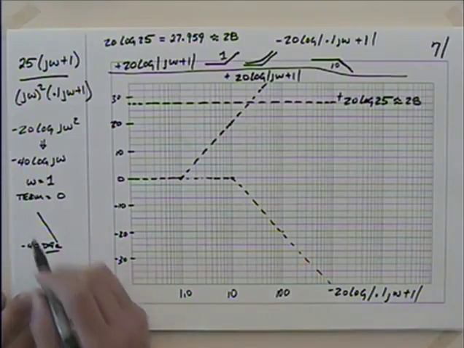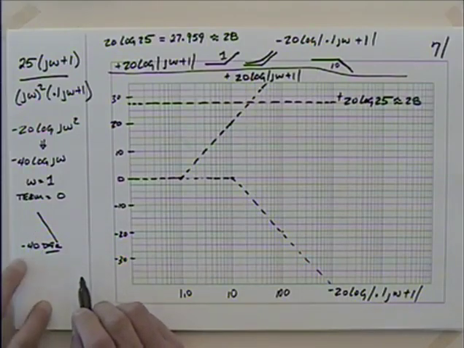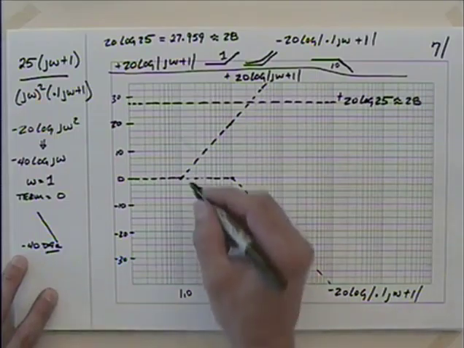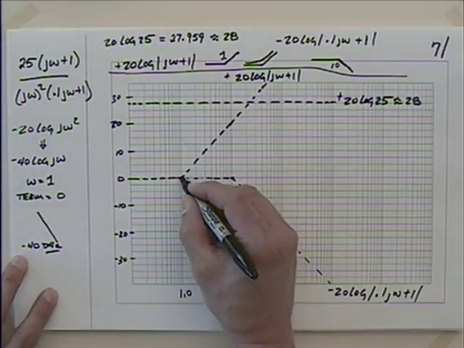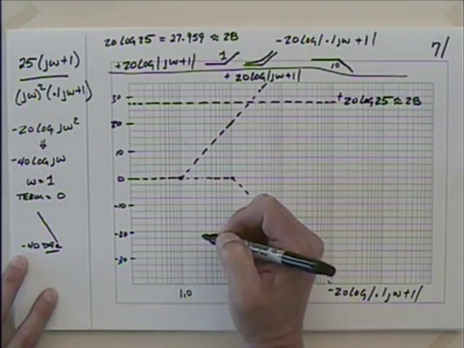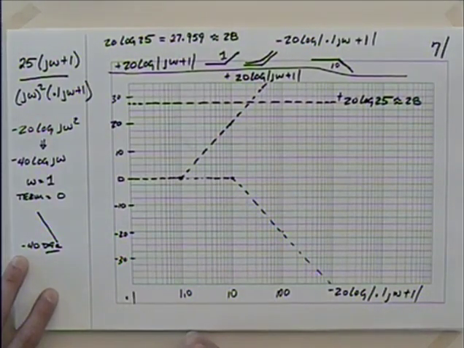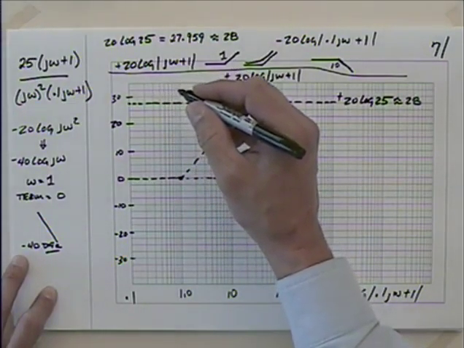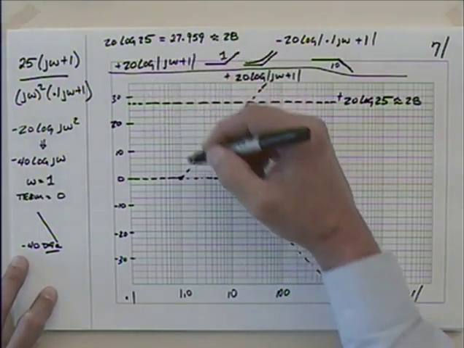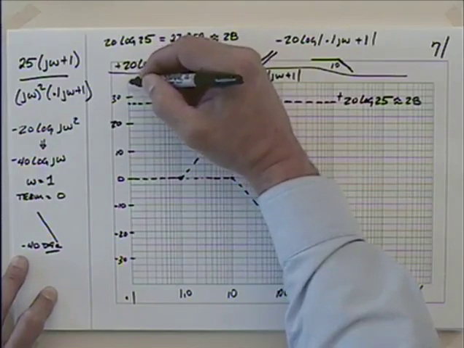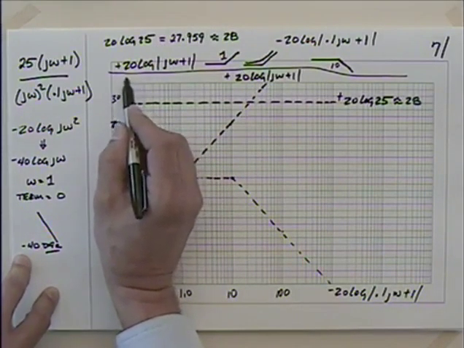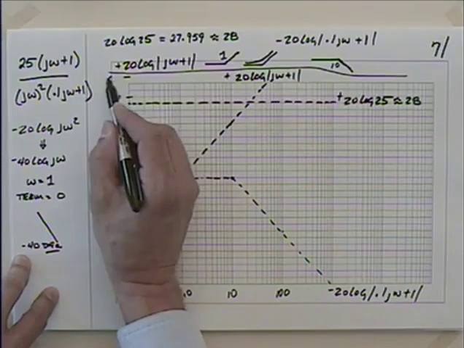And then the last one over here. We said when omega was equal to 1, it had a 0 value, so it's going to go right through there, and it's going to do it at a slope of what, 20 decibels or 40 decibels per decade, isn't it? So if this is back here at 0.1, I would be up at what, 40? I'll take this point up here at 40.